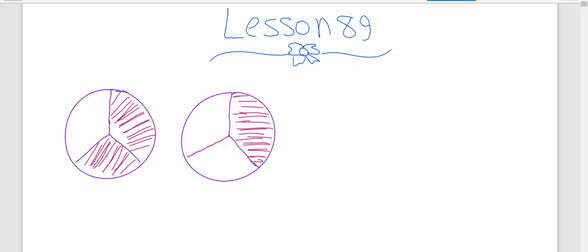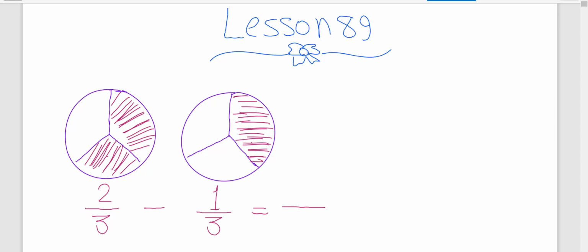If we have two models and write this fraction 2/3 and this fraction 1/3. If we want to subtract two fractions, as when adding fractions, the denominator doesn't change.